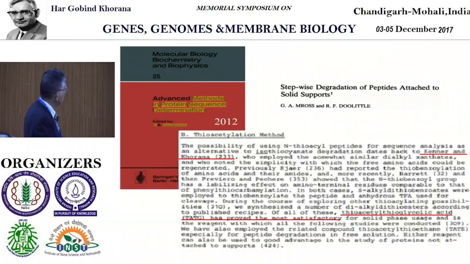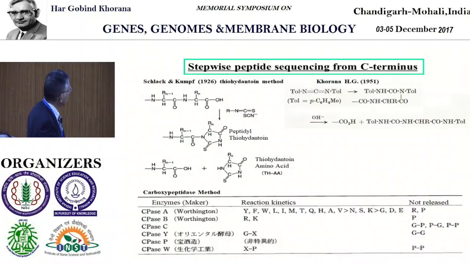So Edman degradation has been a major method, but Gobind's method still persisted for quite a long time. He also published a paper concerning stepwise peptide sequencing from the C-terminus using carbodiimides.